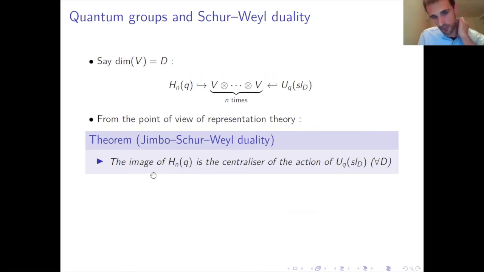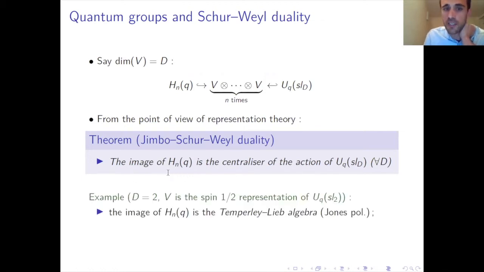Okay, so I move on. What I want to say is, for example, if the dimension is 2, so in the simplest case, then it's U_q(sl_2) here. V of dimension 2 is what's called the spin 1/2 representation. And you have to understand that the statement of the Schur-Weyl duality is not exactly that the Hecke algebra is the centralizer of the quantum group.